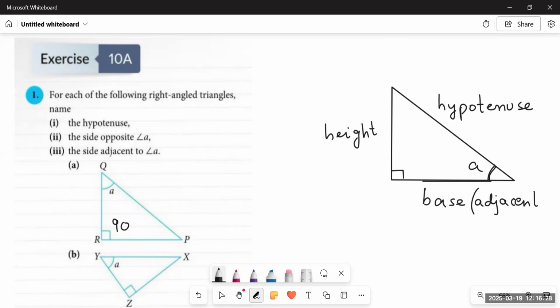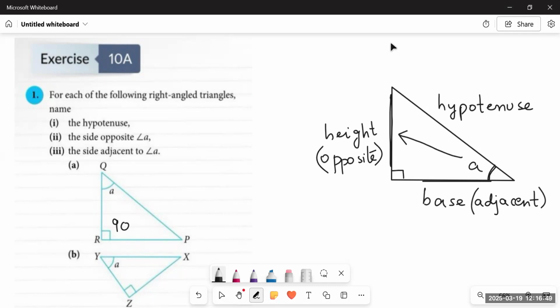Whatever side is adjacent to this angle would become the base, and the side that is opposite to it becomes the height of this triangle. This is how you have to identify the opposite and the adjacent side of a given triangle.